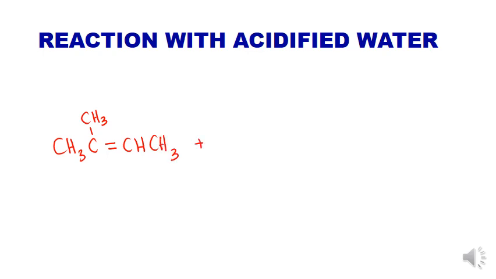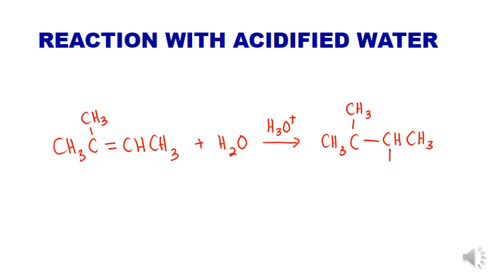When 2-methyl butene reacts with acidified water, which is water in the presence of the strong acid H3O+, the hydrogen will be added to the carbon of the carbon-carbon double bond with the greater number of hydrogens. So it will add to this carbon, and then the OH will be added to the adjacent carbon of the carbon-carbon double bond. So now we have this product.